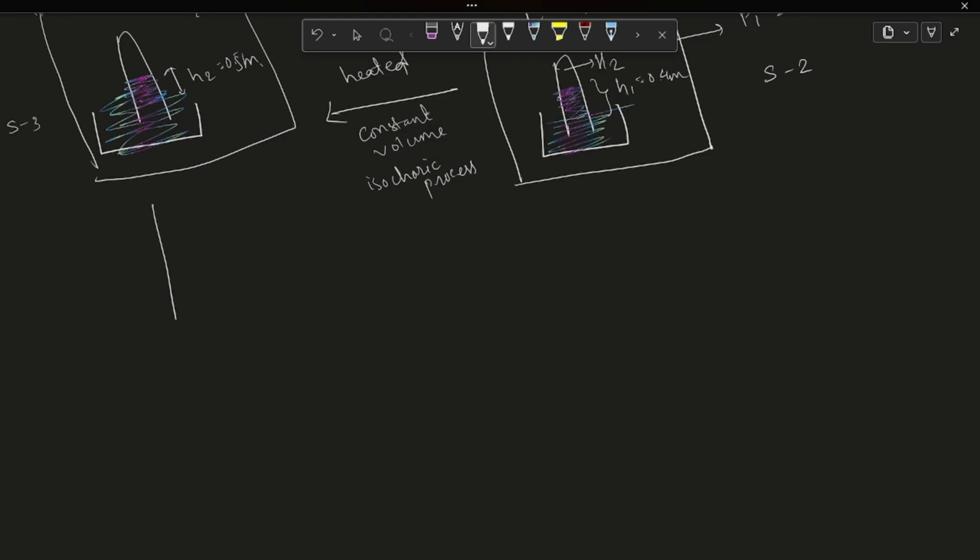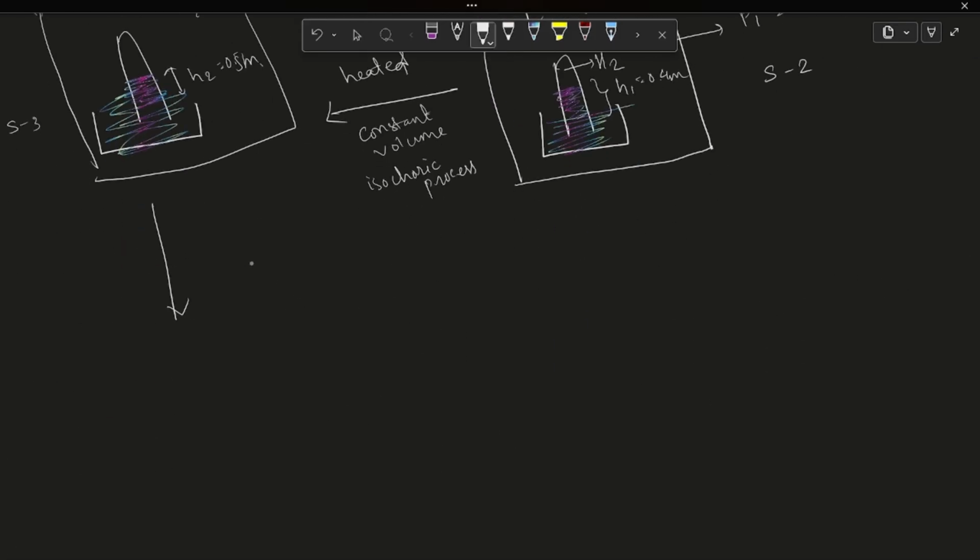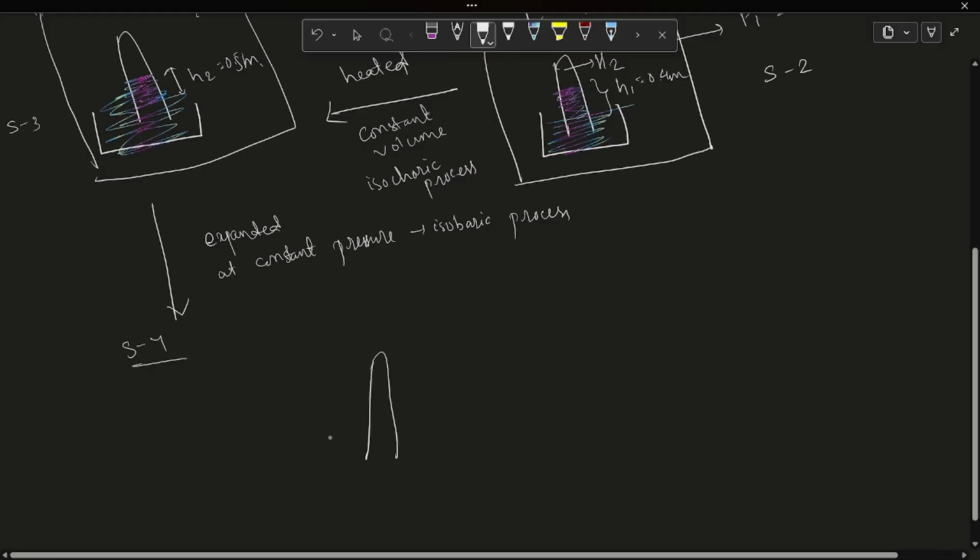Then we expanded at constant pressure, right? Isobaric process. This scenario is like S4. This is the tube, this is the pan, this is the chamber.